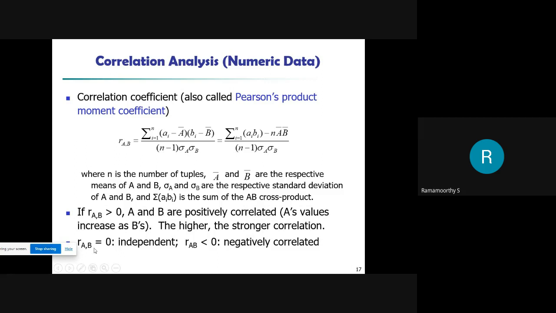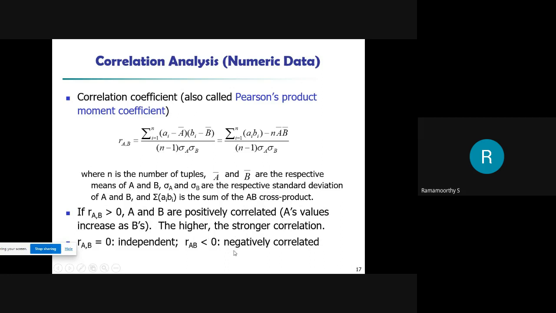If r_AB is equal to 0, then they are independent. And if r_AB is less than 0, they are negatively correlated. So with positive correlation, when A values increase, B values also increase. That is a strong correlation between A and B.